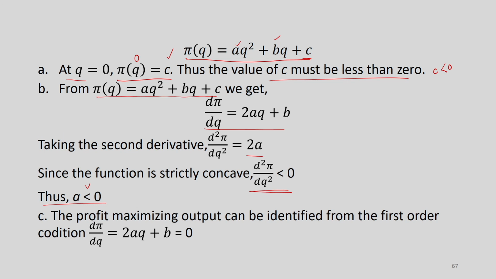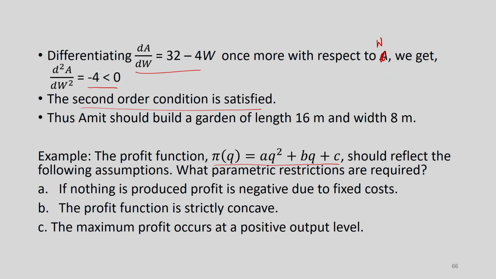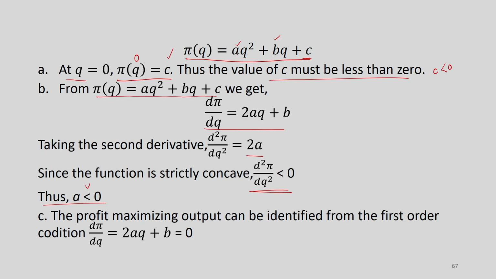What about the third part? The third part is saying that the maximum profit occurs at a positive output level. Okay, so, that basically asks us to find out the maximum point, and that point should be greater than 0.